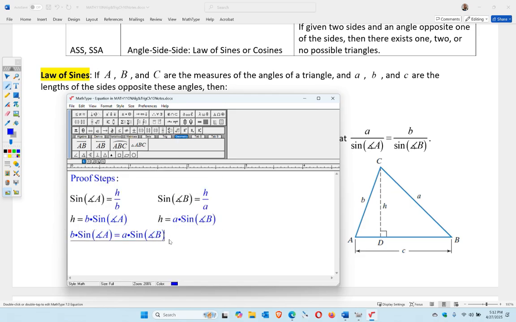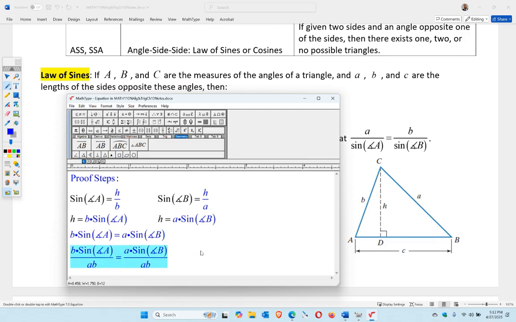Okay. Now I'm going to divide both sides by A and B. That'll leave me with two ratios. So this side is going to be divided by A and B, and this side will be divided by A and B, right?